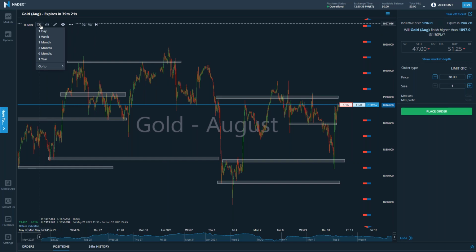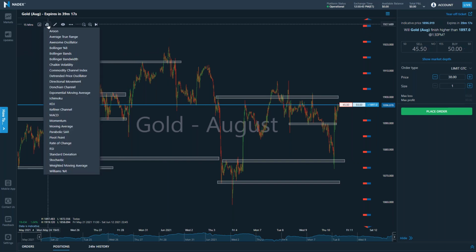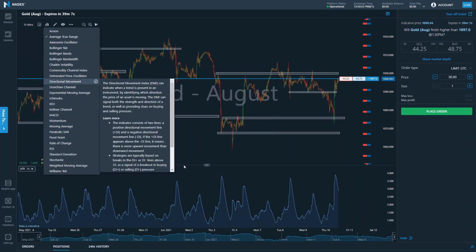All right, not only do I have my chart, I can choose the calendar range. What I would like to show you how to use are some of these indicators. So I mentioned we wanted to look at average true range. You drop it on, and it gives me how much I might expect to see gold move in a day. You can see the volatility in gold's been pretty high.